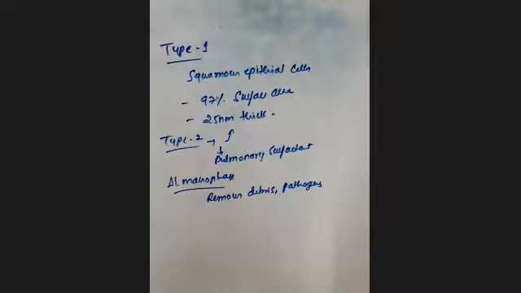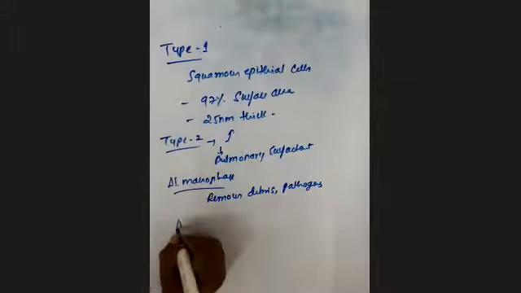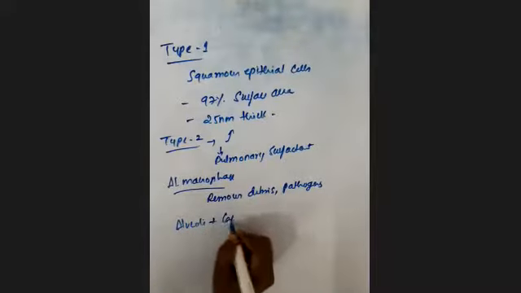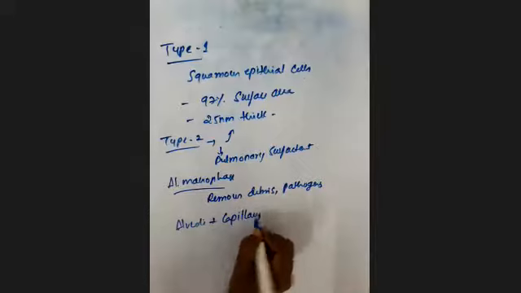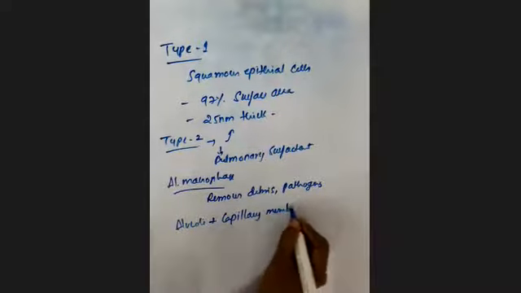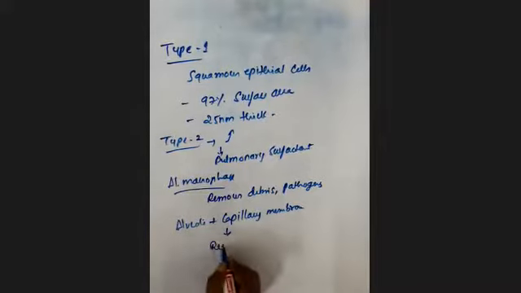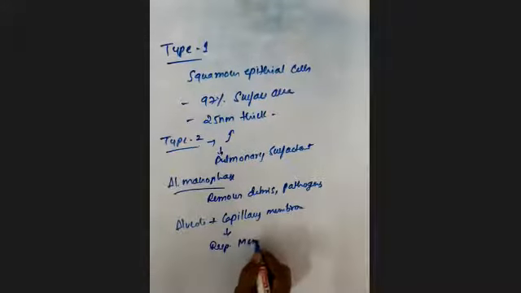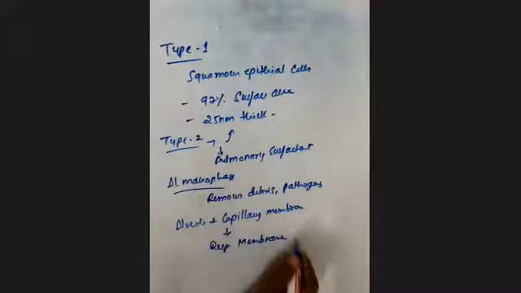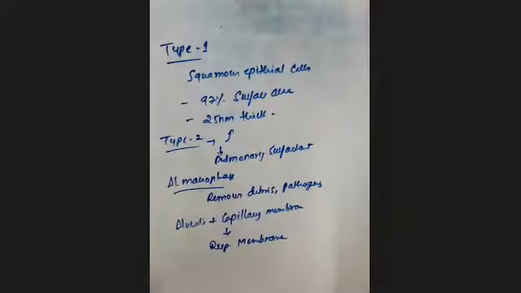Clear? The alveoli and the capillary membrane together form a respiratory membrane. These two together form a respiratory membrane that is about 0.5 nanometers thick.